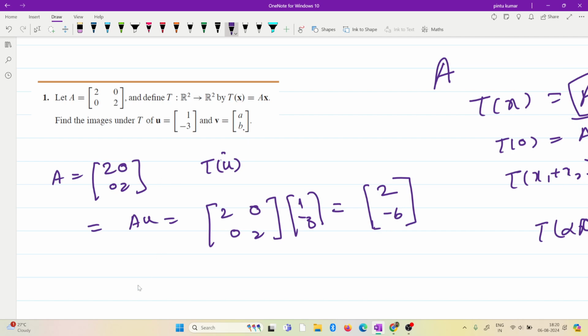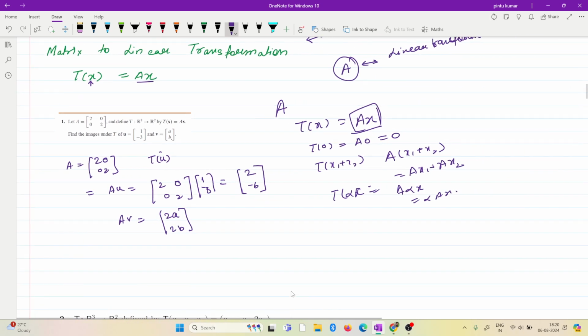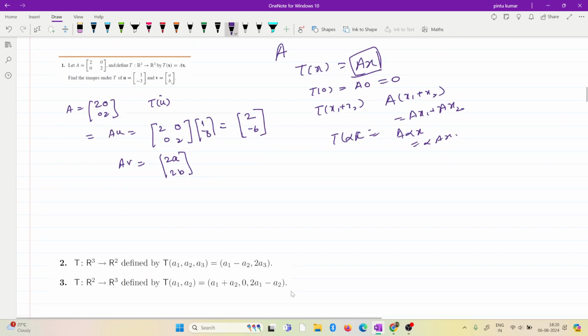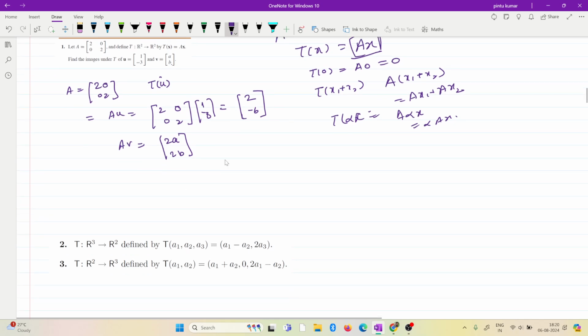Similarly, for any arbitrary (a, b), you have A of v defined as (2a, 2b), right? So you know now, if you have any arbitrary matrix, how you can define a suitable linear transformation. That you can do just by matrix multiplication.